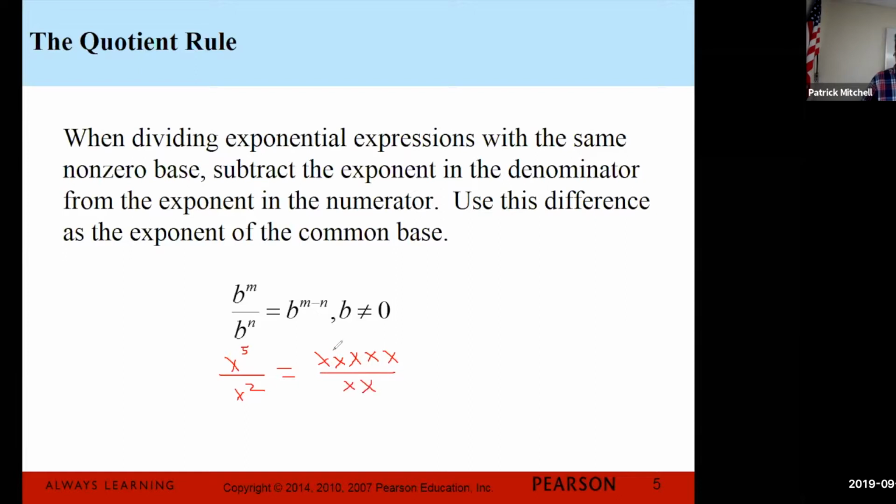All right, so it's almost like the classic old elementary school word problem. If I give you 5 x's and I take away 2 x's, how many x's do you have left? You have 3, right? So you subtract the exponents. Okay, that kind of looks like a 3.